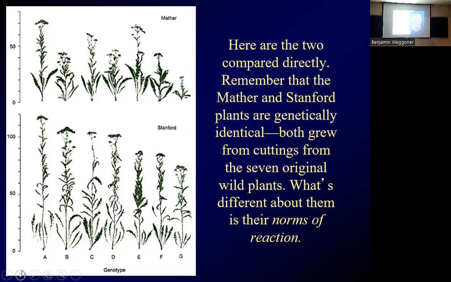Plant E was second tallest at Mather, and not nearly as tall at Stanford. In fact, plants B, D, and F all grew significantly shorter at Mather, but relatively much taller at Stanford. So what's different about these 7 wild plants?